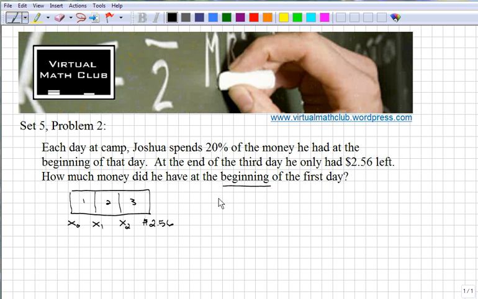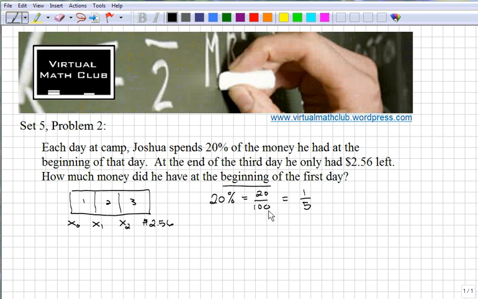And my other hint to you is, you probably know this, 20% is the same thing as 20 over 100. That's just by definition of a percent, right? And that's the same thing as 1/5, right? So 20 over 100 is 2 over 10, which is 1 over 5. So sometimes it's a little easier to work with the fraction instead of the decimal or the percentage.